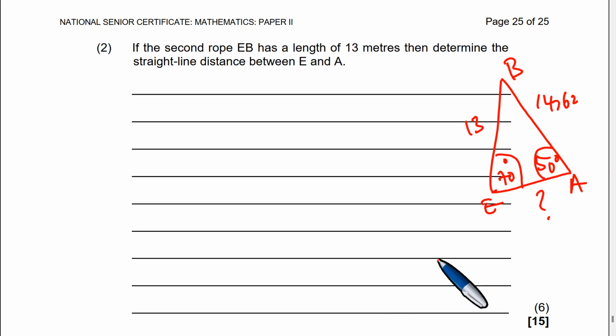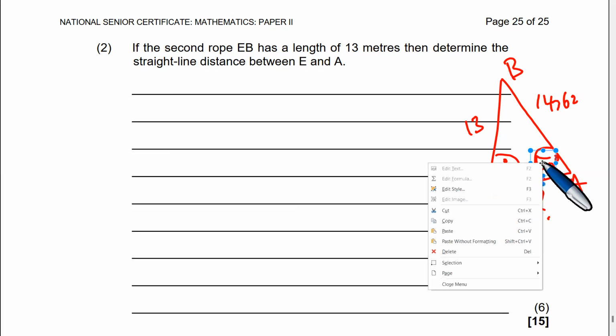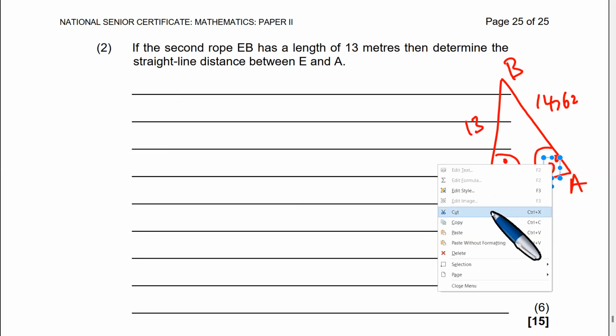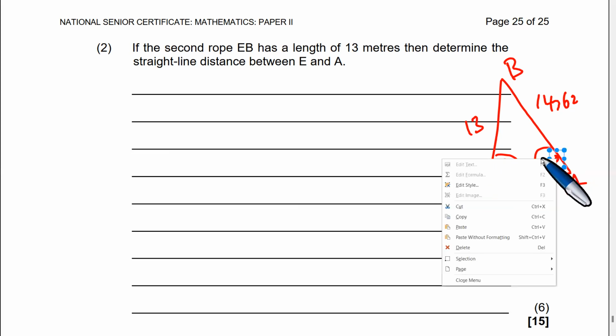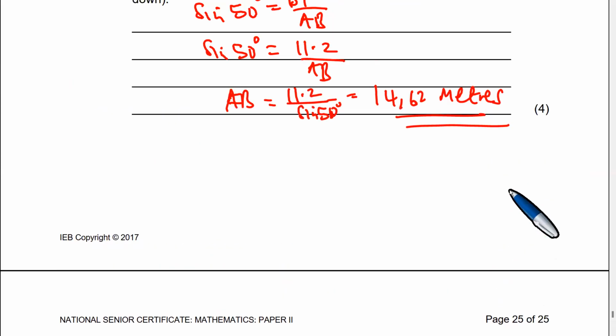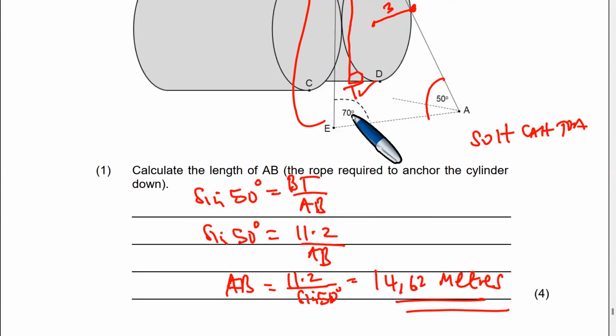I want us to look at this very carefully and remove this angle here. And remove this angle here. But note that this one is 70 degrees at the angle E. Obviously I marked this here.